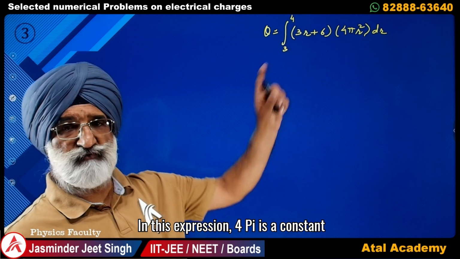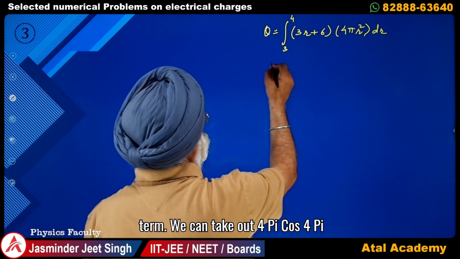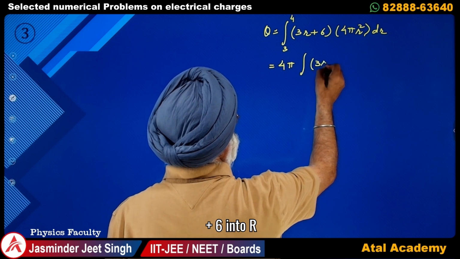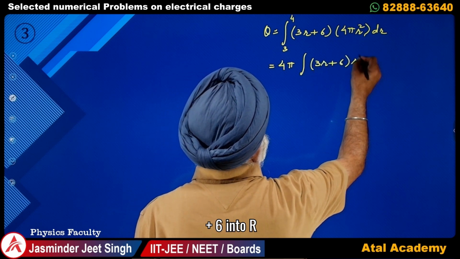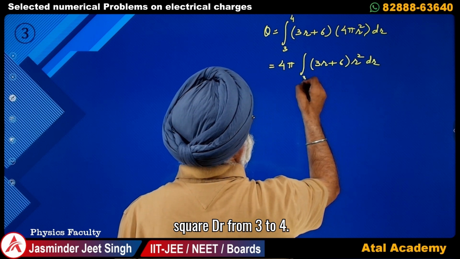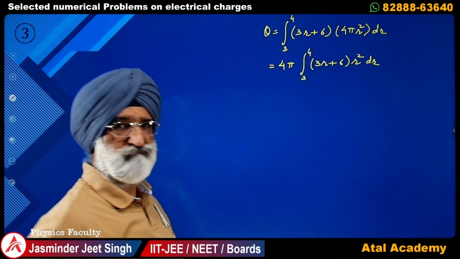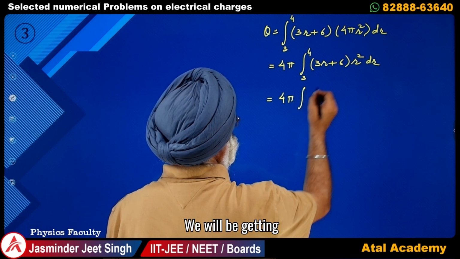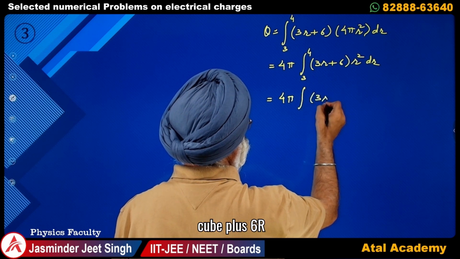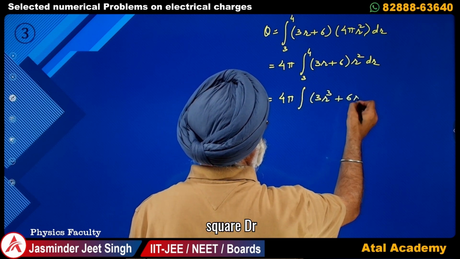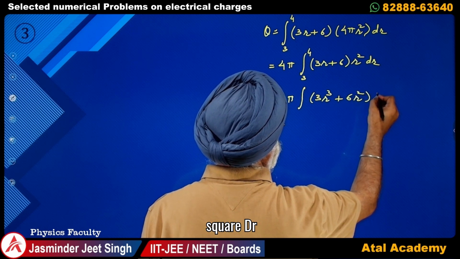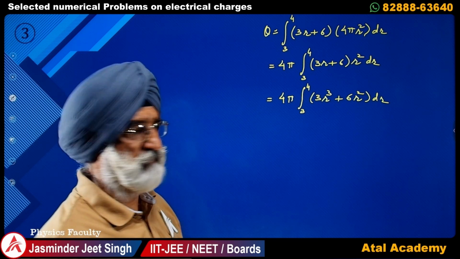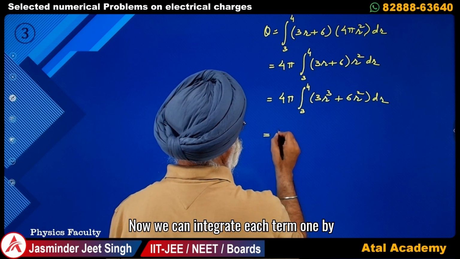In this expression, 4 pi is a constant term. We can take 4 pi outside. We get 3r plus 6 into r square dr from 3 to 4. We can multiply r square inside. We get 3r cube plus 6r square dr from 3 to 4. Now we can integrate each term one by one.